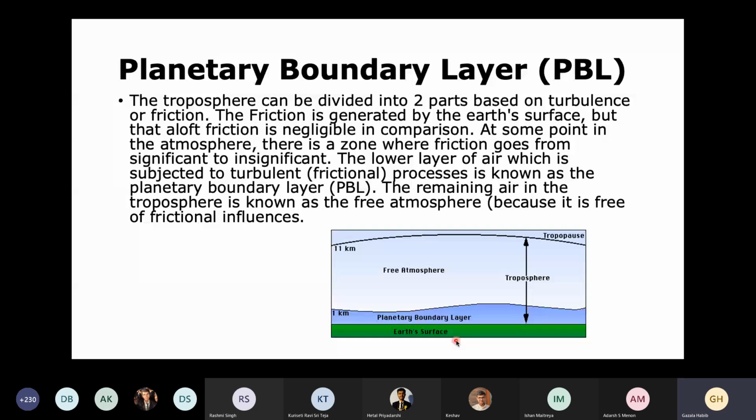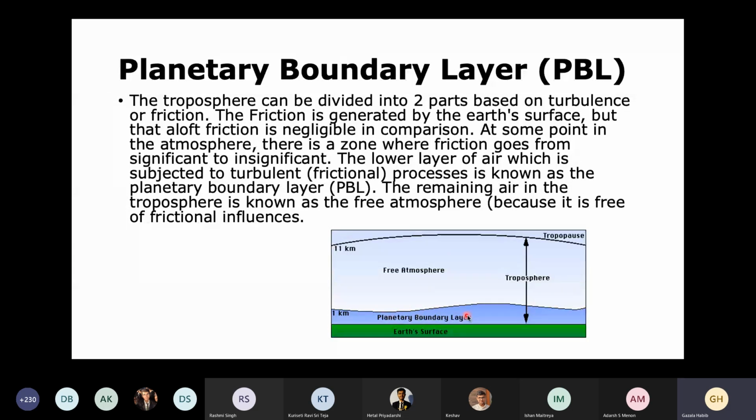Then at micro level, we are concerned about the planetary boundary layer, which is defined in terms of distance as within 1 kilometer from the earth's surface. Why?